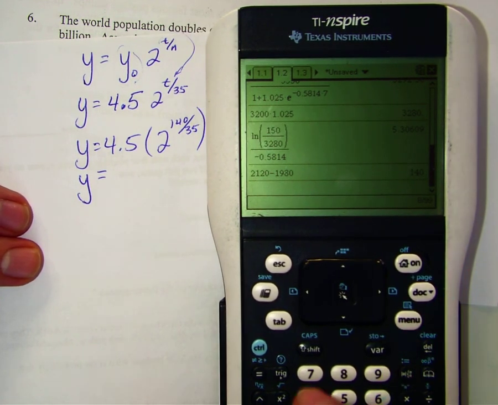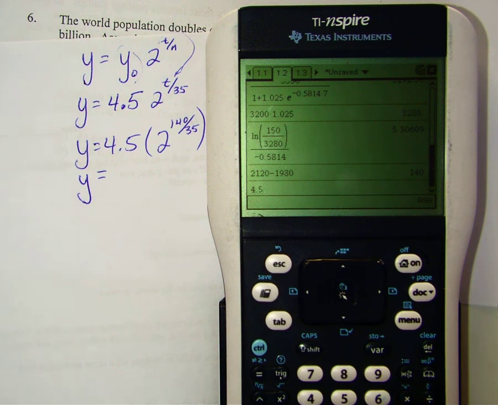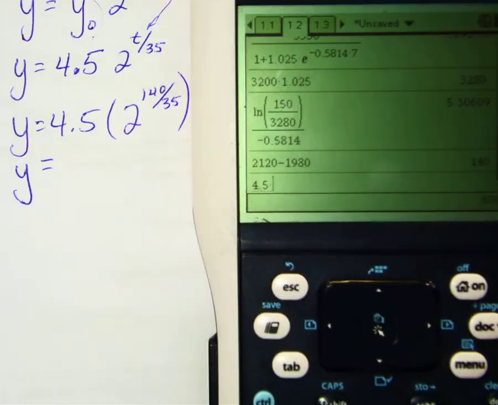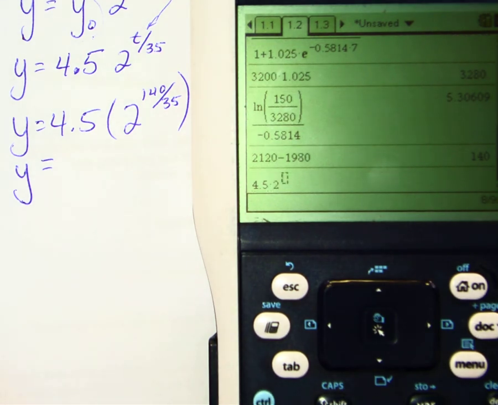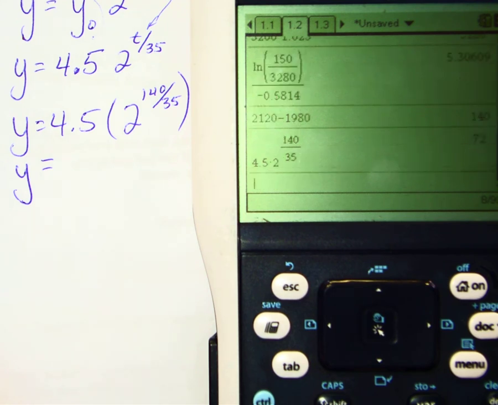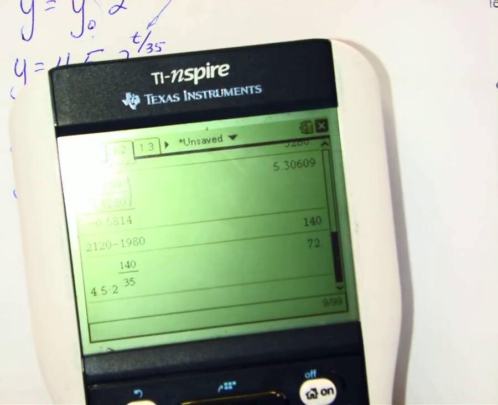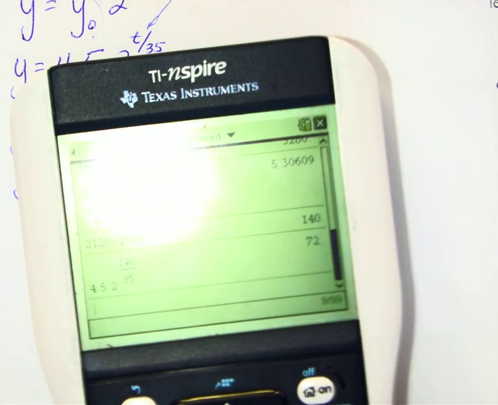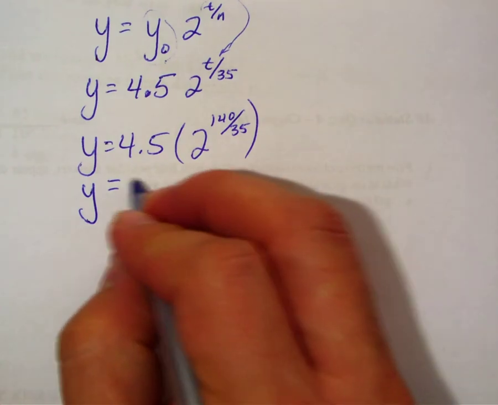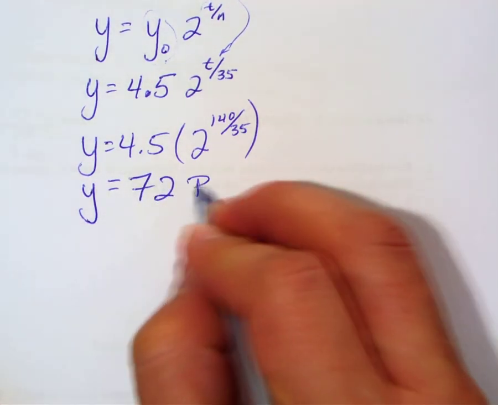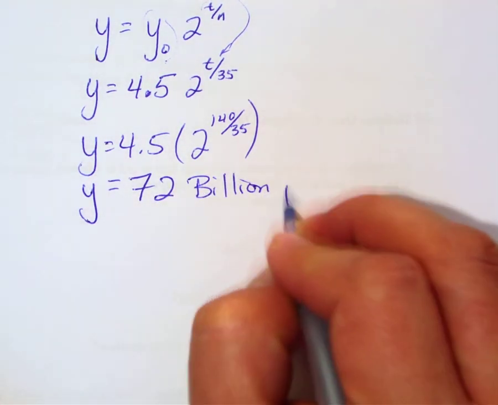So we have 4.5 times 2 raised to the 140 over 35. And that gives us 72. So we're going to estimate 72 billion people.